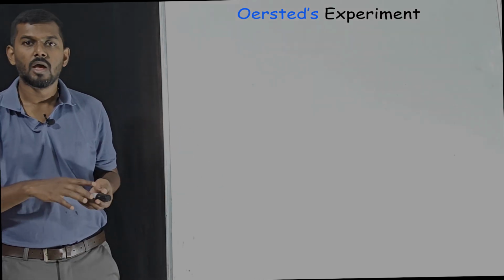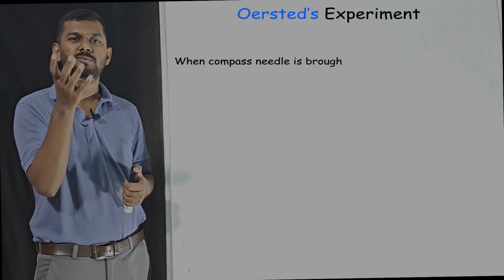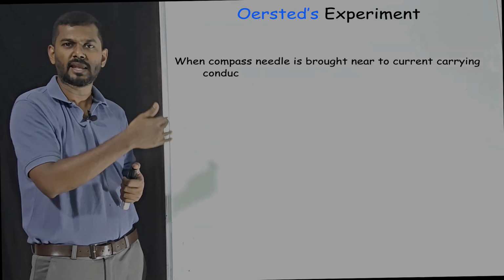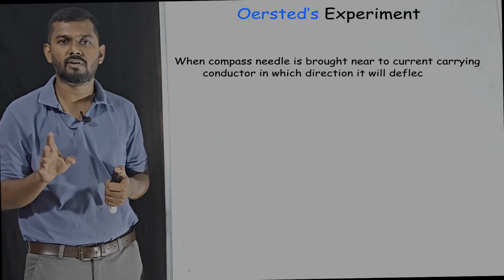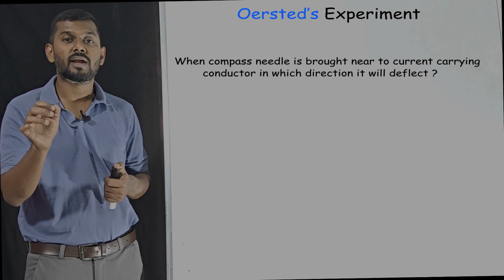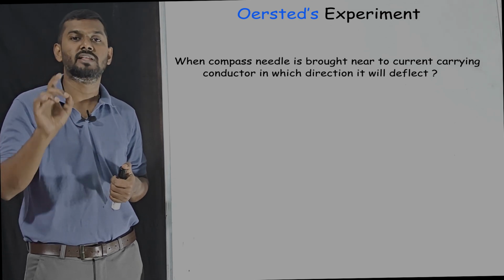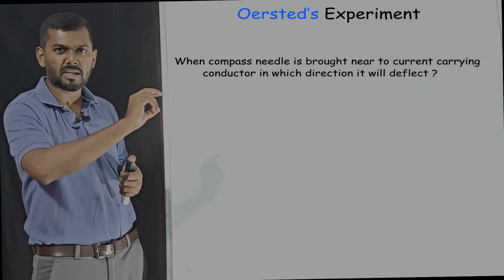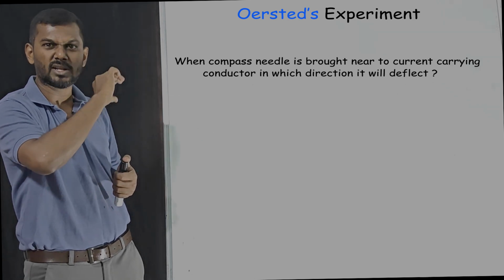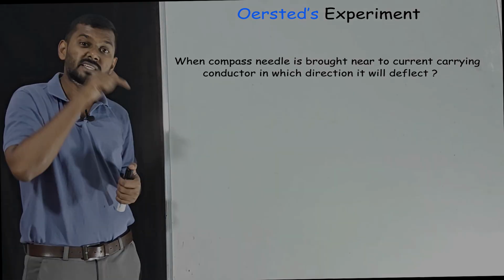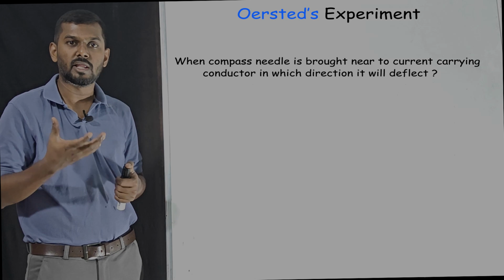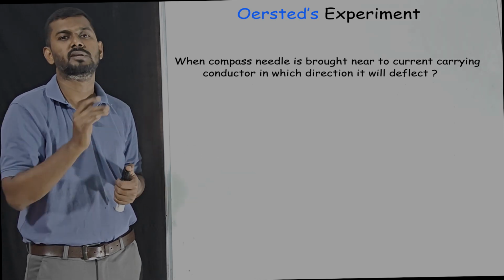Next expected question. Whenever the compass needle is brought near to a current carrying conductor, in which way will it deflect? It will always deflect in the direction of the magnetic field in the circuit. In the circuit, whatever the direction of the magnetic field is, the same direction will be shown by the compass needle.